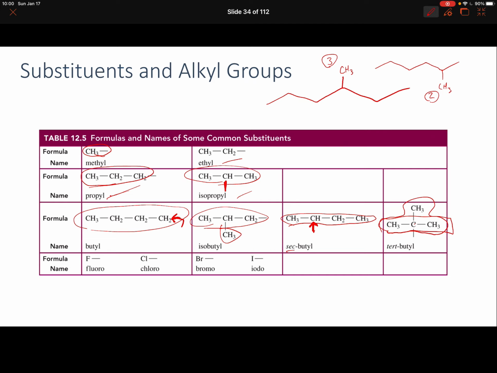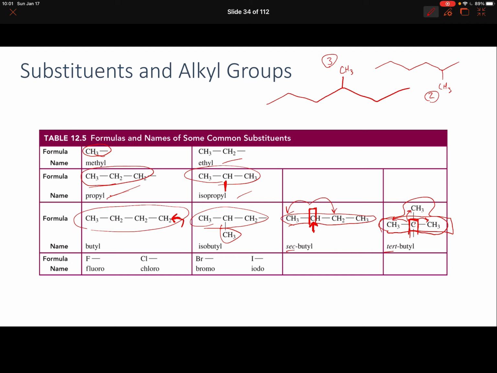Tert and sec you can get from how many carbons the carbon is attached to. This carbon that we're attaching to on our bigger molecule is only attached to 2 other carbons directly, hence sec butyl, whereas this carbon that we're attaching has 1, 2, 3 carbons attached directly, hence tert butyl.